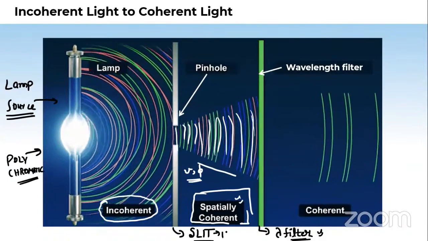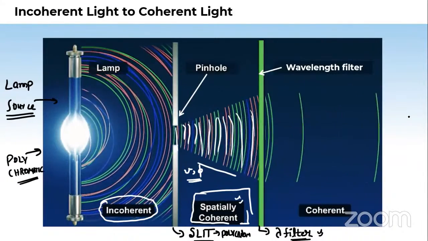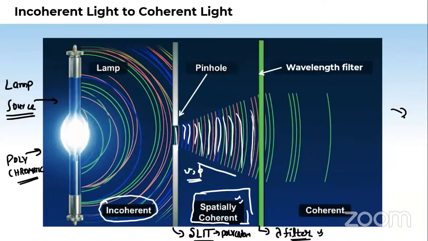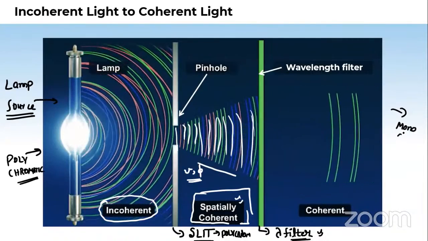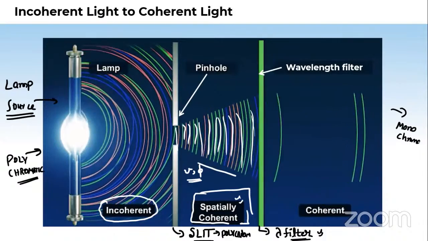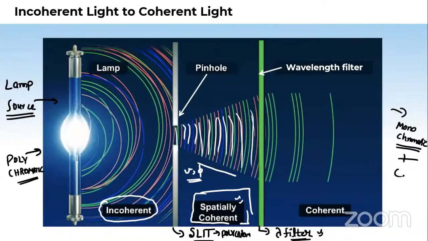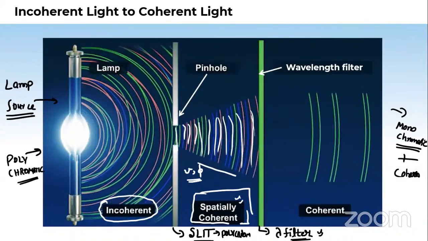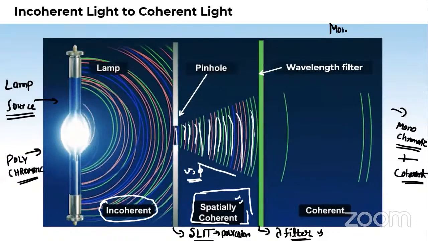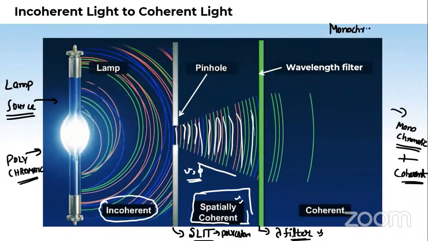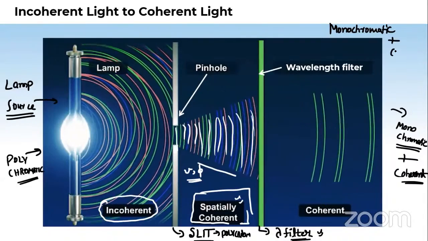Still the light is polychromatic, but it's coherent. And at the last it becomes monochromatic, which is our final goal which we want to achieve. It is monochromatic plus coherent.